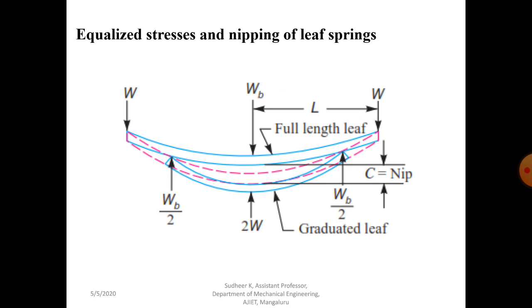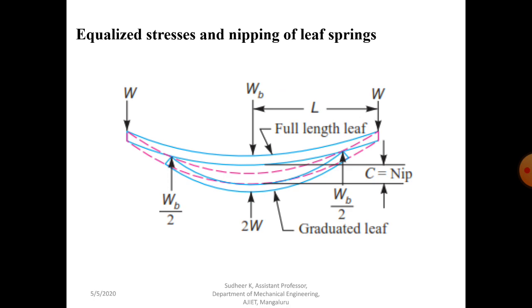A smaller distance means the bending stress induced in the leaves will be less, due to the small distance from the neutral axis to the edge of the leaf. So that is the first condition for equalized stresses.